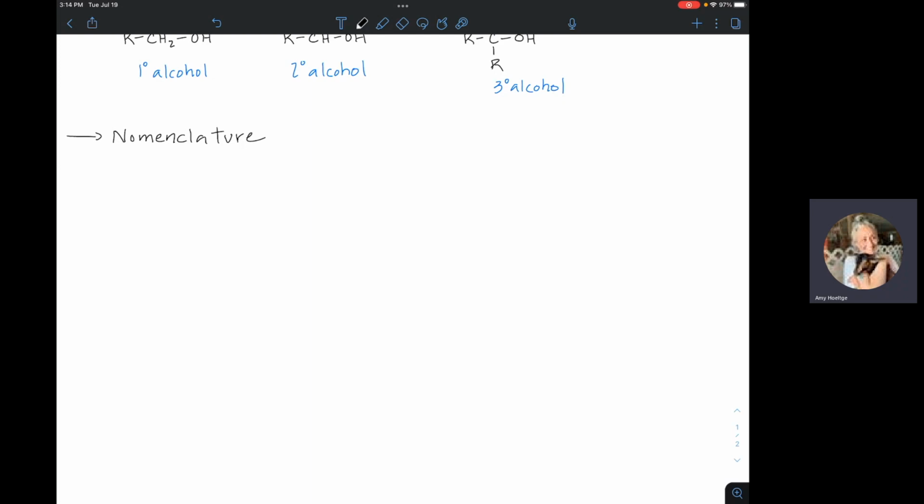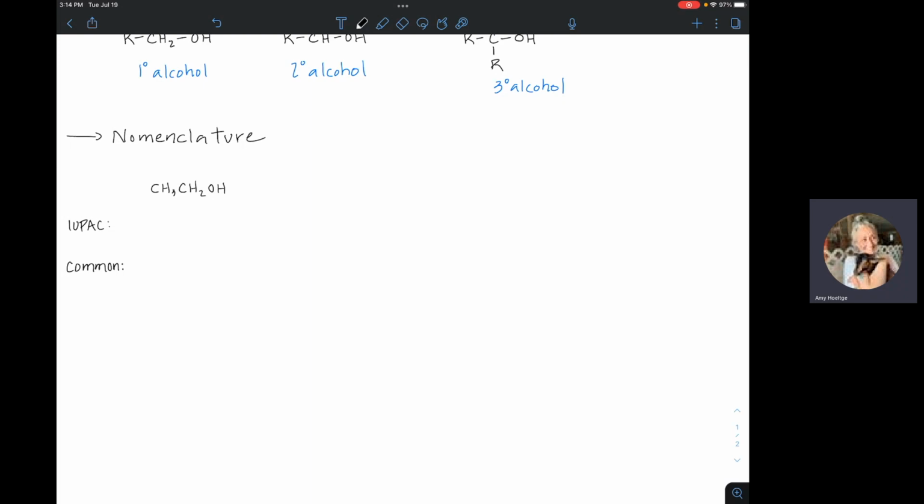So for example, I could have something like that. And with IUPAC, so I'll just put these over here. And then we'll do common underneath. With IUPAC nomenclature, we are basically going to say, hey, what was that alkane before we put the OH on the end of it?